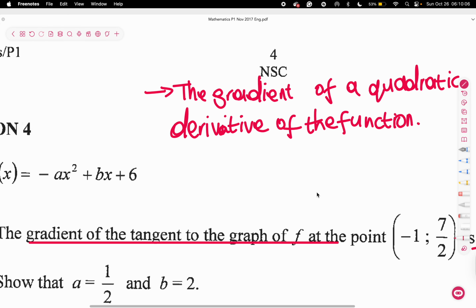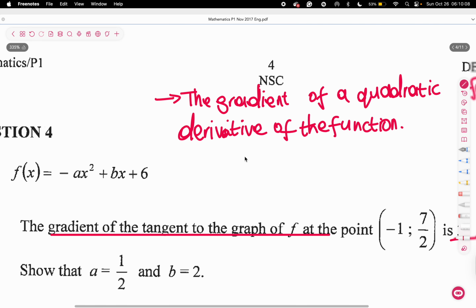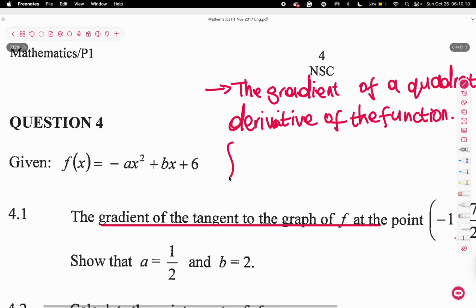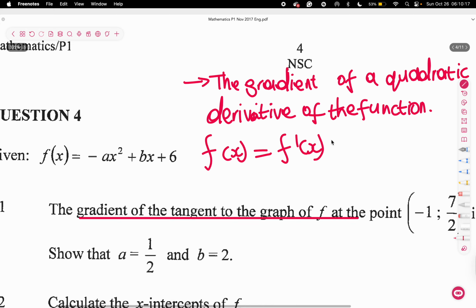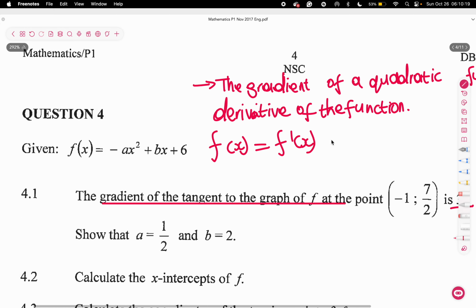After that, that means the gradient of f of x is f prime of x, right? That's what we mean when we say the gradient of a quadratic function is the derivative of that function.